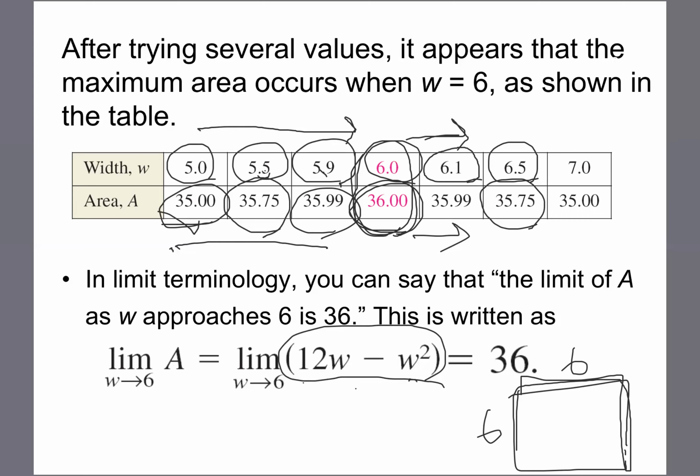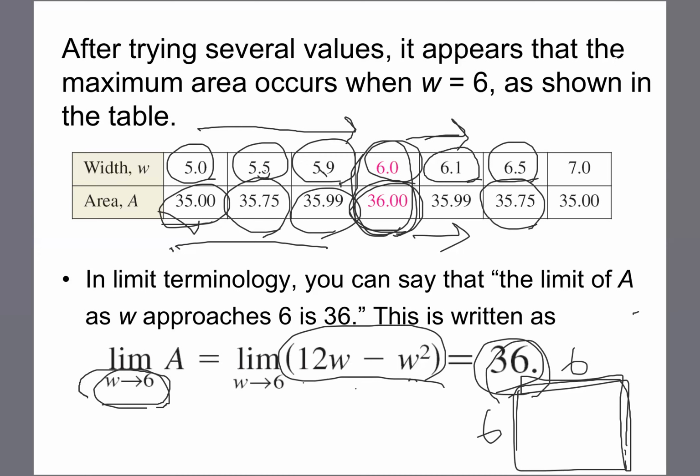So we can explain this in this case: the limit of A as W approaches 6 is 36.